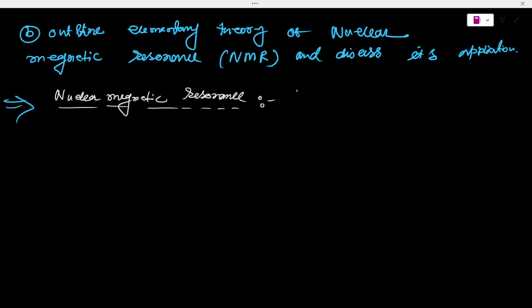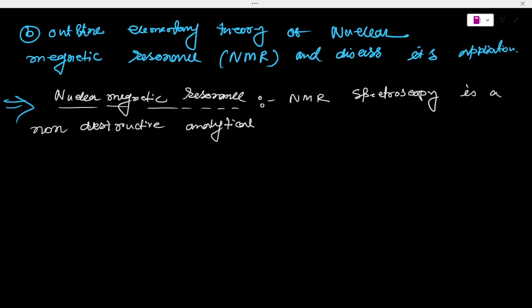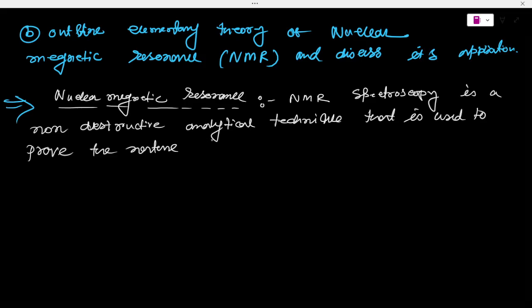So nuclear magnetic resonance spectroscopy is a non-destructive analytical technique that is used to probe the nature and characteristics of molecular structure.